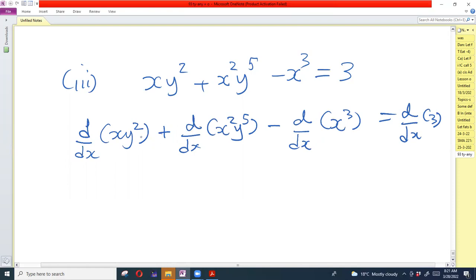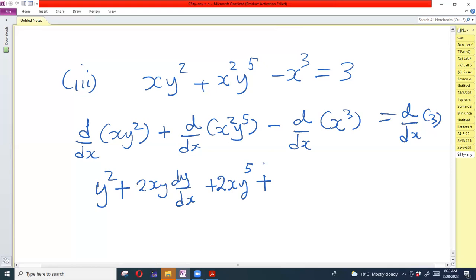Let x be u, y squared be v. So u prime will be d/dx of x, which is 1, times y squared, so y squared, plus d/dx of y squared, which will be 2y dy/dx, multiplied by x, so 2xy dy/dx, plus d/dx of x squared, which is 2x, times y to the power 5, plus d/dx of y to the power 5, which is 5y to the power 4 dy/dx.